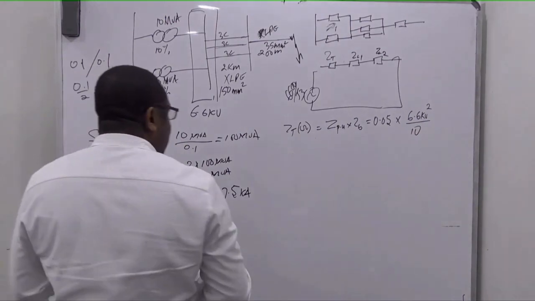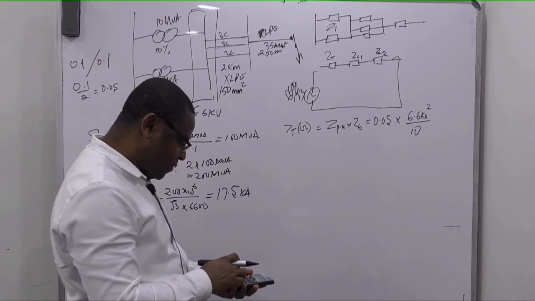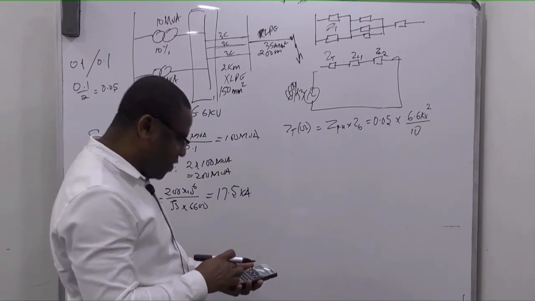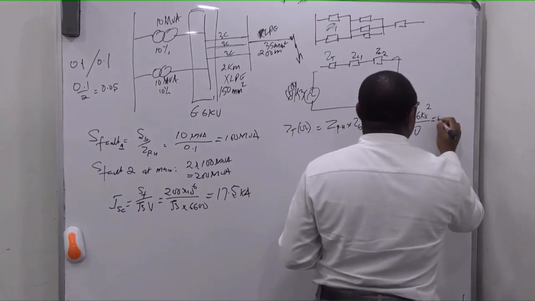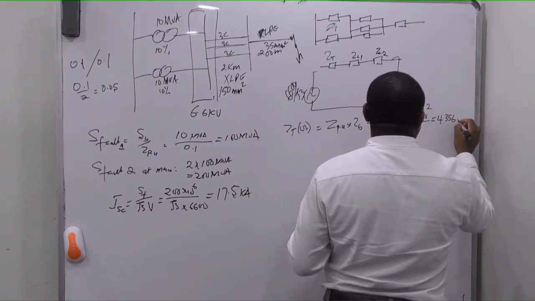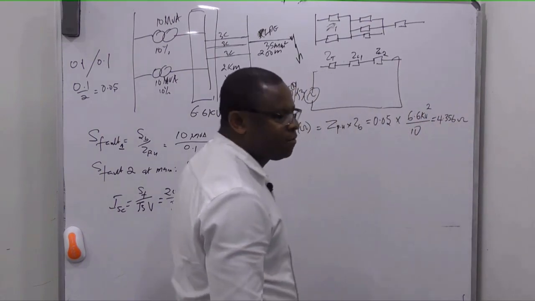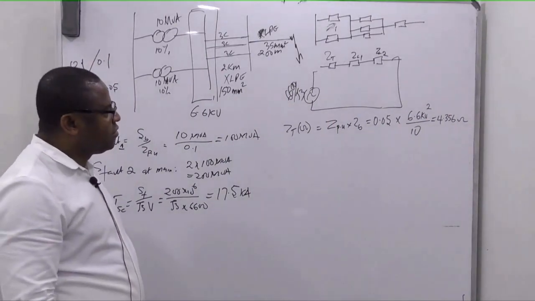So we have 6.6 squared divided by 10, which is 4.356. This is now in ohms, the impedance of that transformer in ohms.